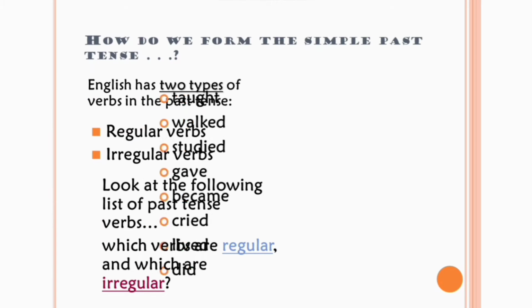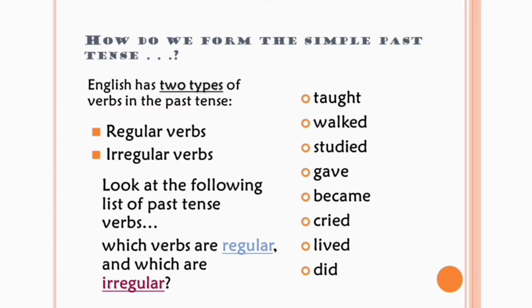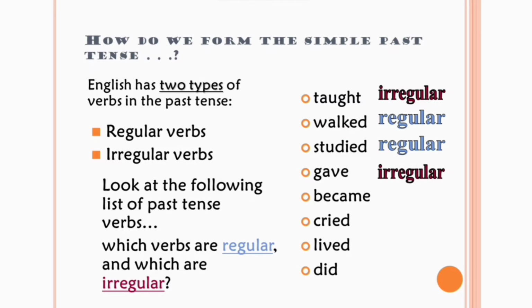We have taught, walked, studied, gave, became, cried, lived, did. Taught is irregular, walked is regular, studied is regular, gave is irregular, became is irregular, cried is regular, lived is regular, did is irregular.